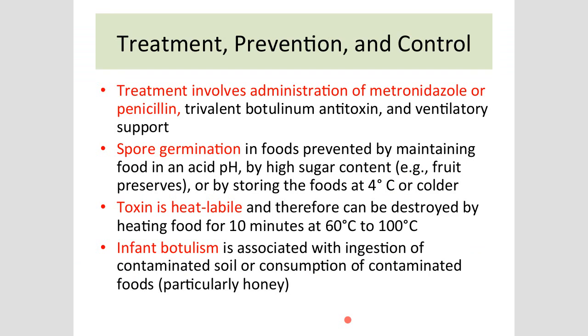these problems. The toxin is heat labile, so if you heat it, you pretty much will eliminate that. So that's what I mean: these toxins are heat labile as compared to non-labile ones, right? If you boil something for 10 minutes, you can get rid of it.